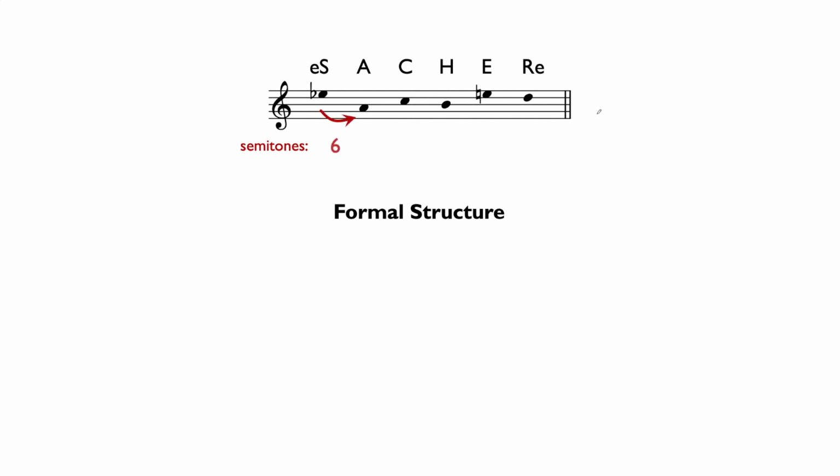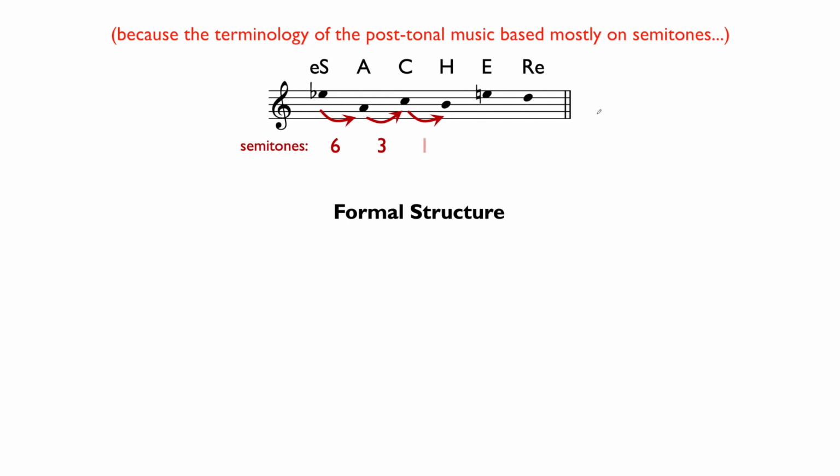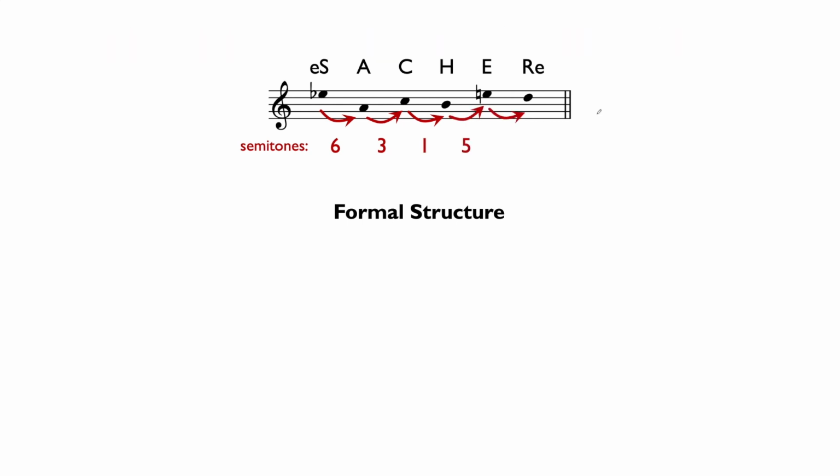Let's take the semitones. Between E flat and A, there are 6 semitones. Between A and C, there are 3 semitones. By the way, I strongly recommend getting familiar with thinking in semitones. Then here 1 semitone, here 5 semitones, and between E and D, there are 2 semitones.